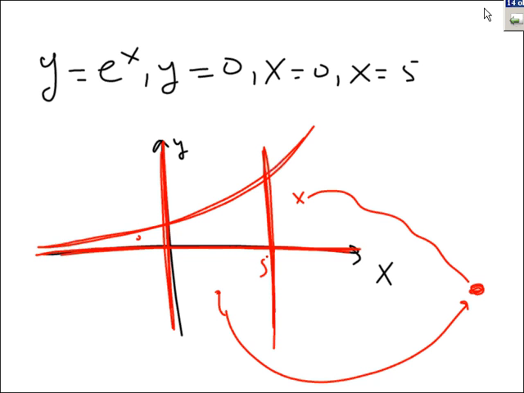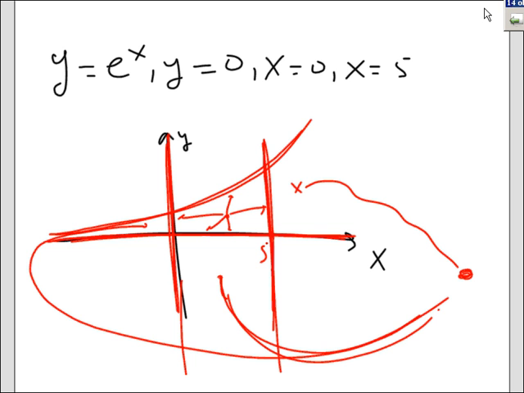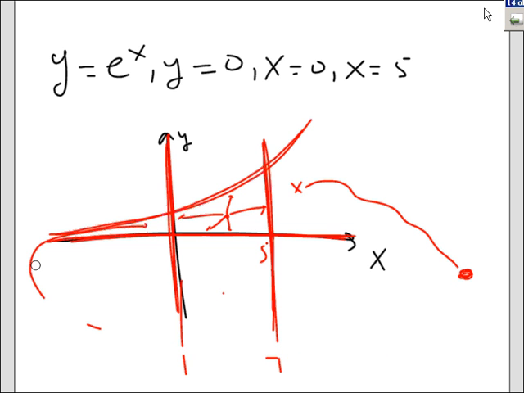But if you're in here, you can't go. Okay, I think you realize I didn't like what I said because these lines go down forever, so I really couldn't go that way.